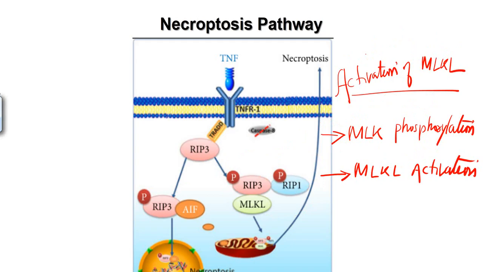The first is MLKL phosphorylation and second is MLKL activation. First we will discuss MLKL phosphorylation. In the necrosome shown in the previous step, RIPK3 phosphorylates mixed lineage kinase domain like pseudokinase, that is MLKL.